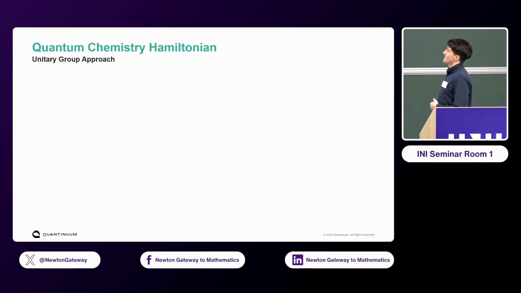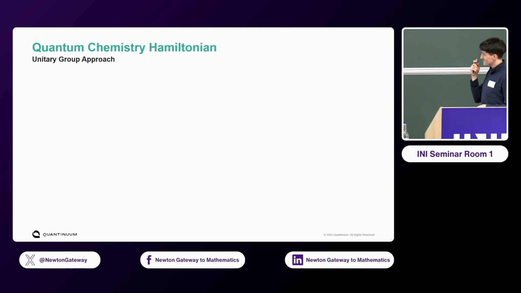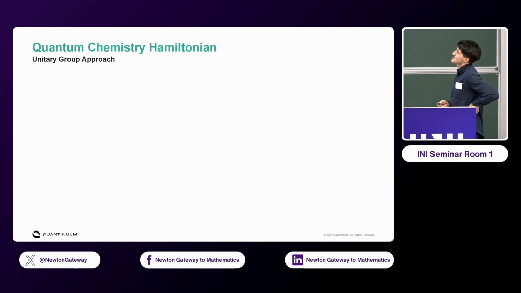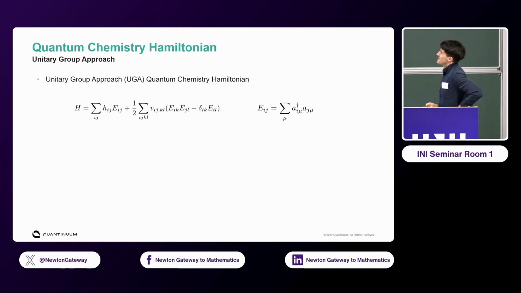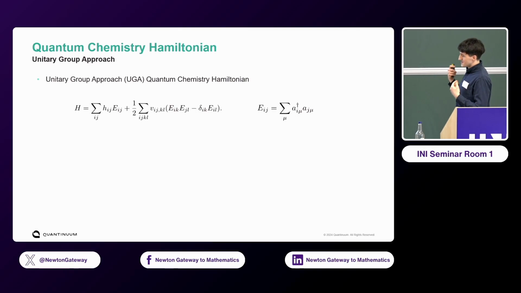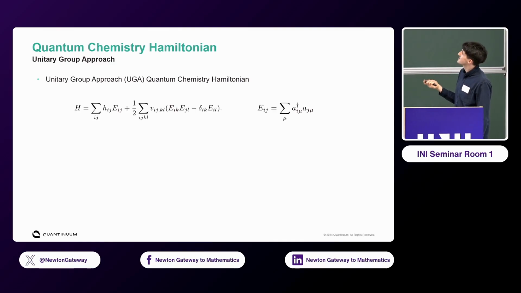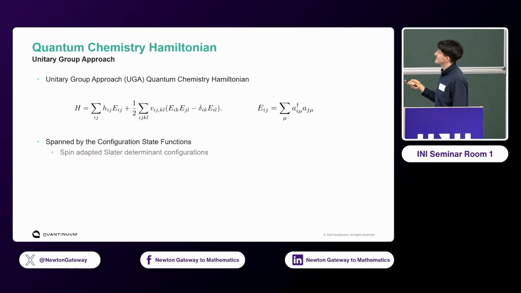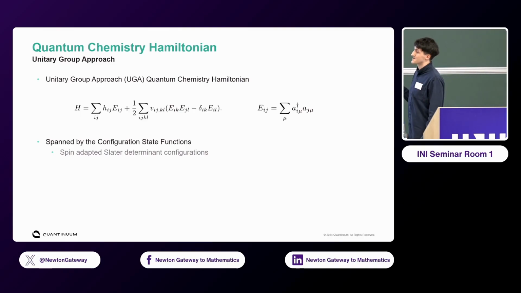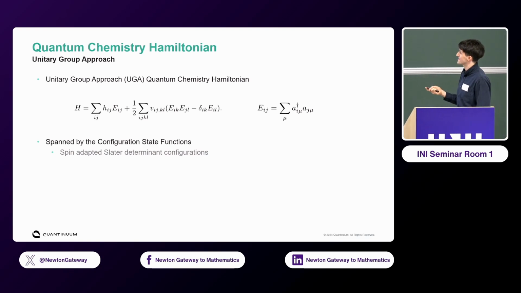Okay, so I come from a quantum chemistry background, and the gold standard of treating spin in quantum chemistry is the unitary group approach. In this approach, you take the electronic interaction Hamiltonian, where we have our one-body terms and our two-body terms, and these interaction Hamiltonian terms can be expressed as the generators of the unitary group, but really they're just a spin-traced fermionic operator pair of creation and annihilation operators.